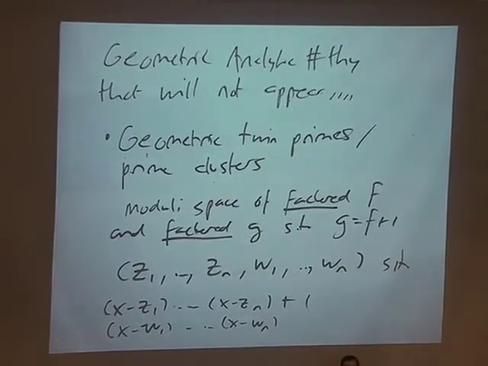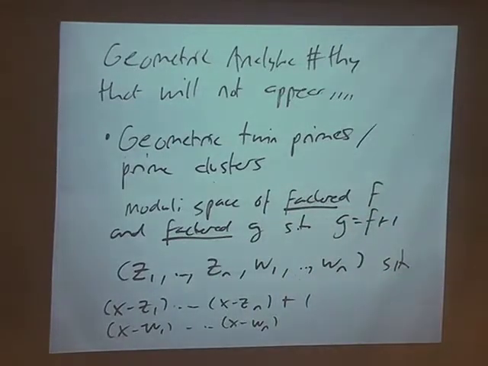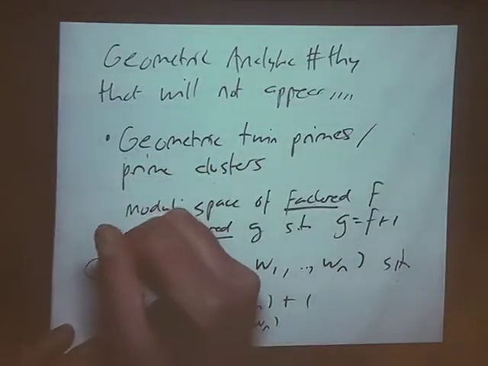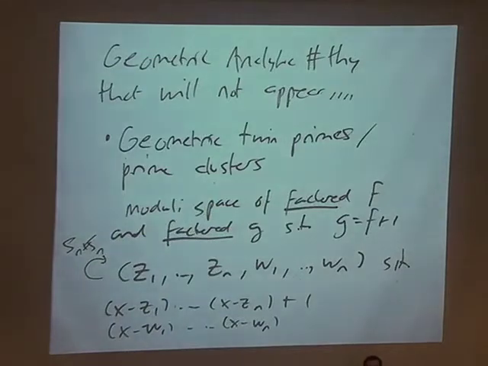Because you can permute the z's or you can permute the w's, and it doesn't change the condition you're putting on. So this carries an action of Sn cross Sn, and understanding the cohomology of this variety with its Sn cross Sn action would carry lots of information about essentially how the factorization of F relates to the factorization of F plus 1.